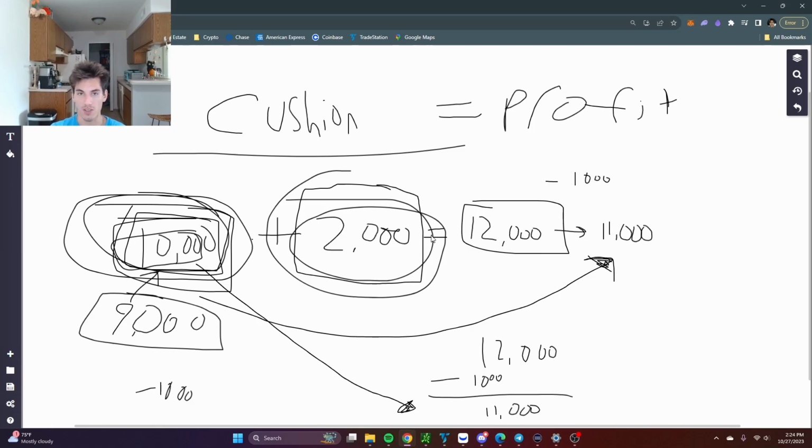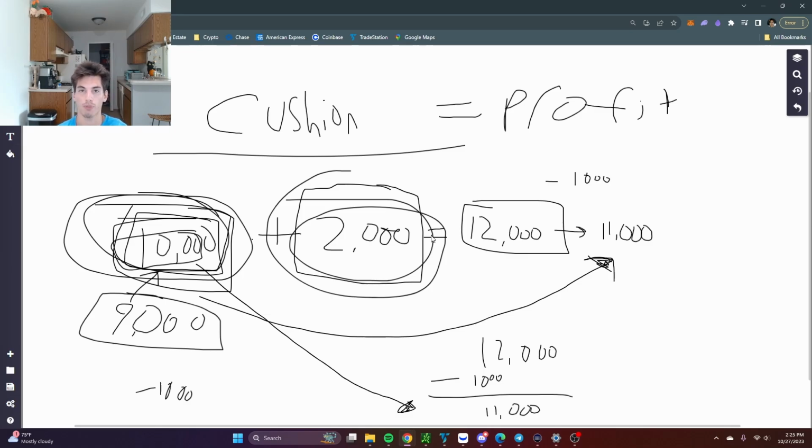And now I have a solid cushion that I can take a little bit riskier setups that are still high quality, or risk a little bit more. And I'm not eating into my initial deposit, which is the most important thing to try and protect, right? So you have to reset your cushion and start building it in the new year, in January.